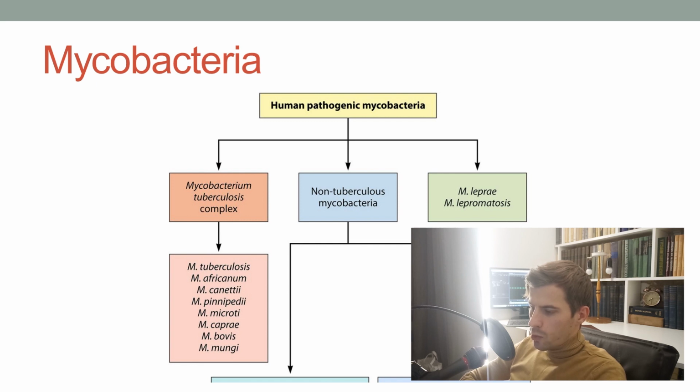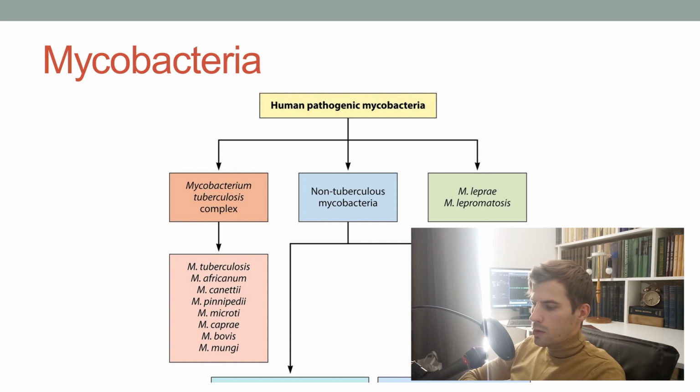The first group will cause tuberculosis itself, and it includes more species, so not just Mycobacterium tuberculosis can cause this infection, but this one is the most common, the most characteristic, and the most severe in case of tuberculosis.